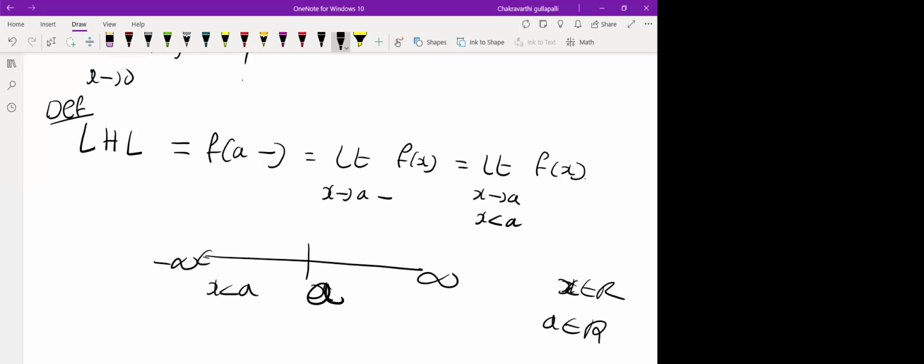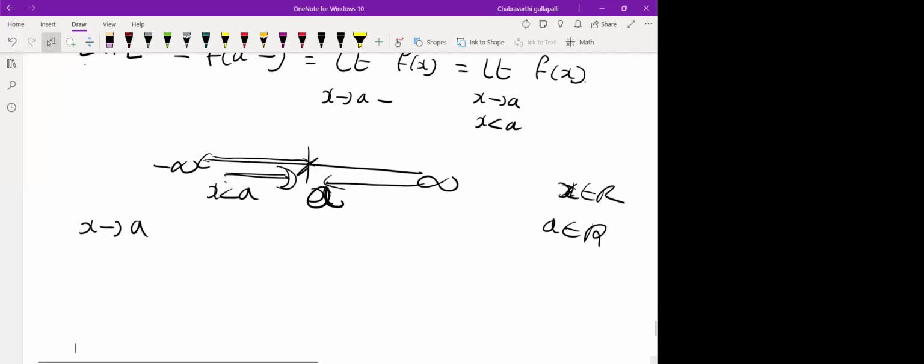If x is approaching a, it means x is getting close to a. It can get close to a either from the left side or from the right side. So if x is approaching a from the left side, moving from here towards a, then the value of f of x as x approaches a from the left side is what is called left hand limit. Next, it can approach from the right side also.